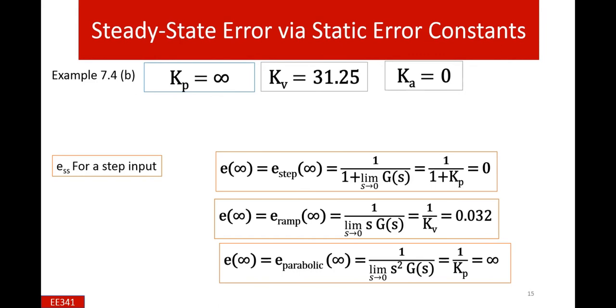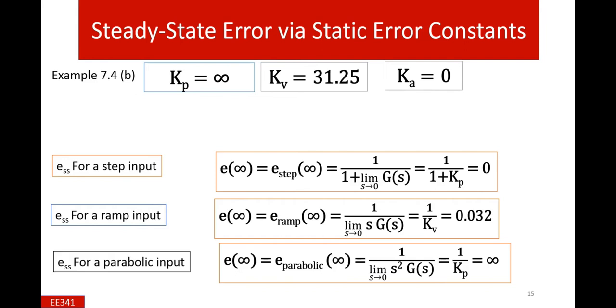If we take infinity in the denominator, then 1 over infinity makes the whole value 0. Similarly, Kv is some constant, so 1 over a constant is again a constant, and using the acceleration constant we find that the steady state error is infinite. So this is for the step input, this is for the ramp input, and this is for the parabolic input.